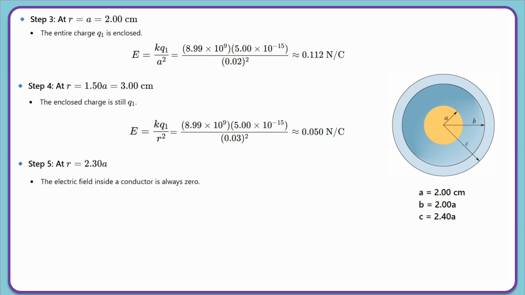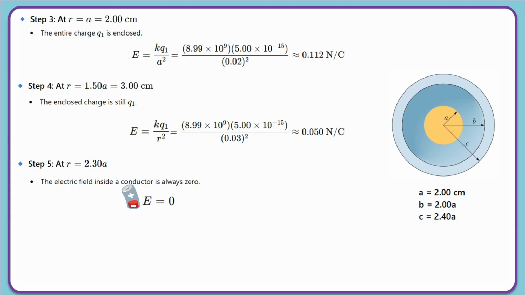This positive charge induces negative charge on the inner surface of the conducting shell to cancel the electric field inside the metal. Since the shell has a total charge equal to minus Q1, there is no charge left for the outer surface. As a result, the electric field everywhere inside the conducting material is 0. Therefore, E equals 0.